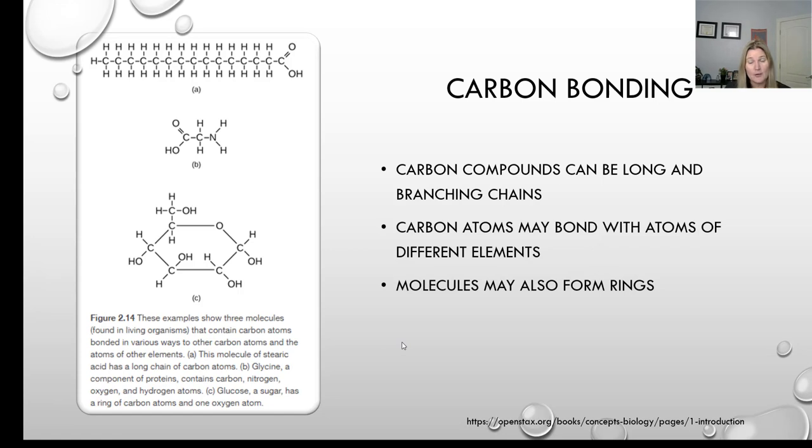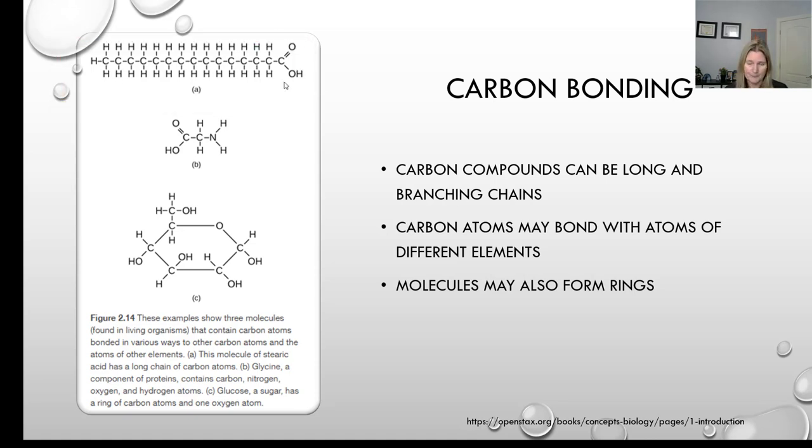Now when we're talking about carbon bonding, we're going to be looking at the structure of macromolecules that are carbon-based. Because of that, we'll notice when we're looking at carbon compounds, they tend to form chains, like in this case, where we have a bunch of carbons lined up, bonded to each other and to hydrogens.